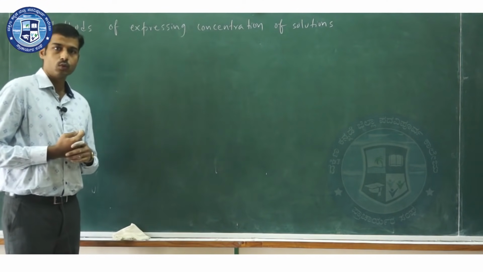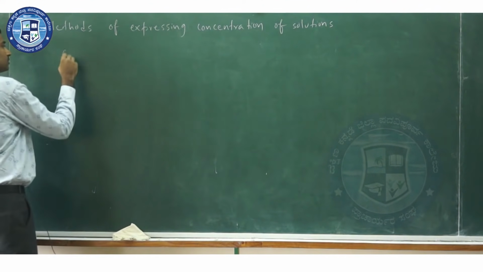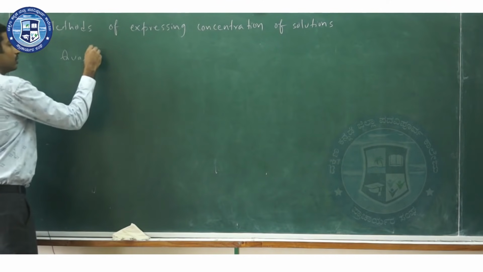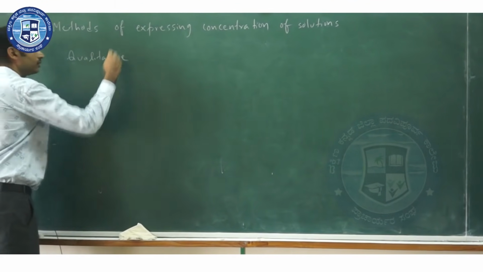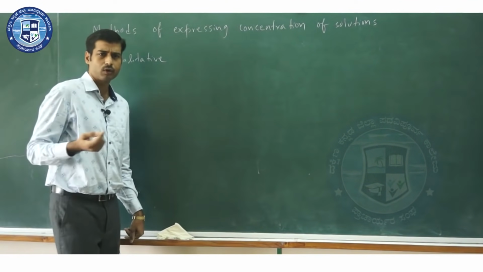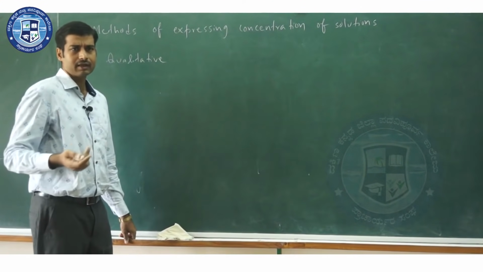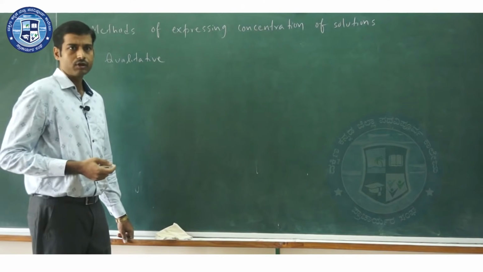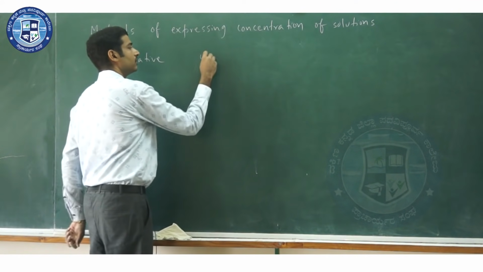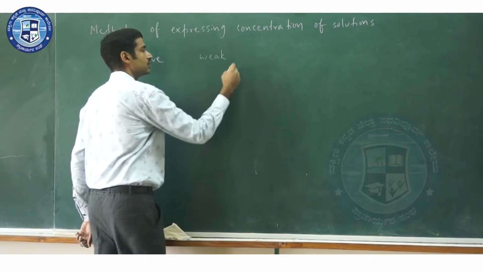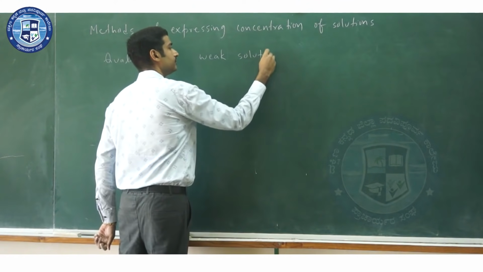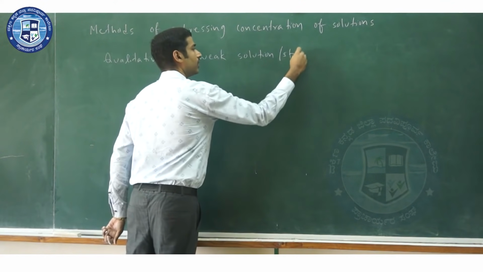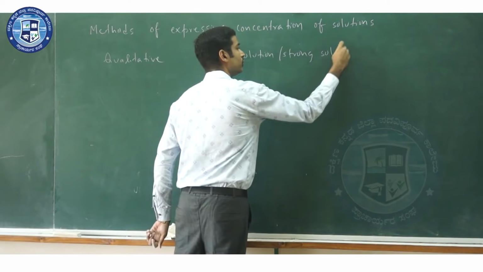It can be expressed in two ways. One is the qualitative method. What do you mean by qualitative method? You just say that a less amount of solute is dissolved or a more amount of solute is dissolved, and hence you might express solutions as weak solutions or strong solutions.